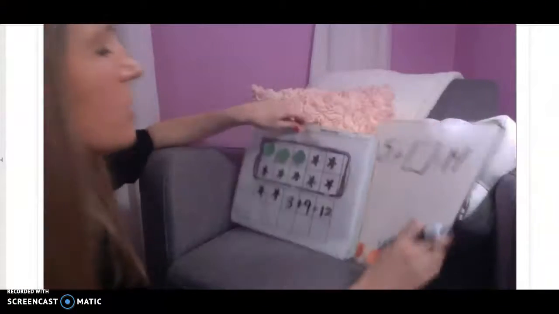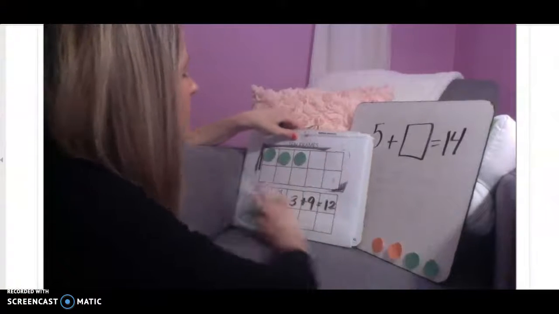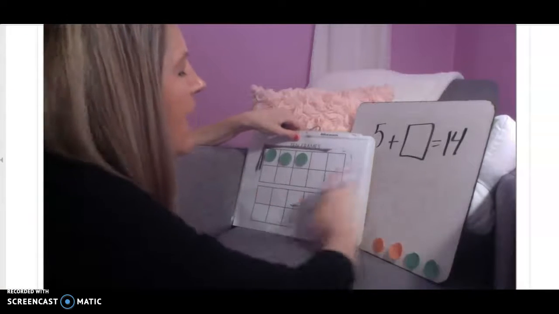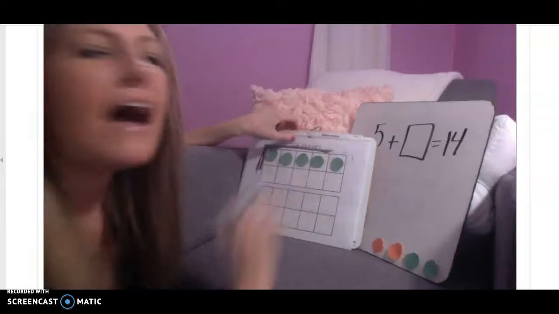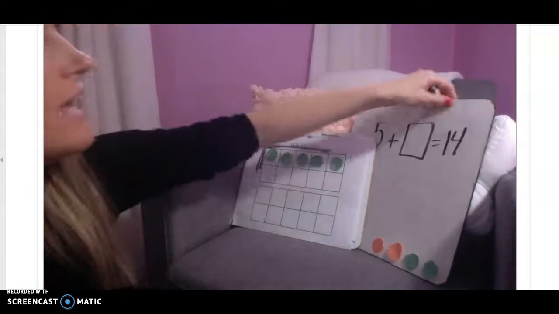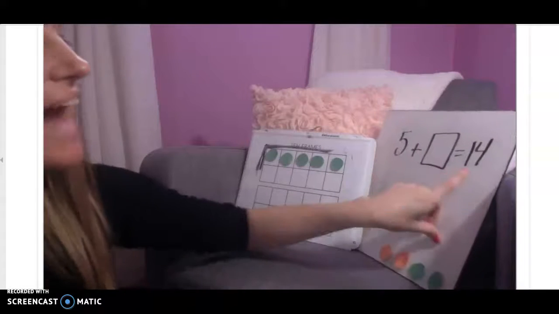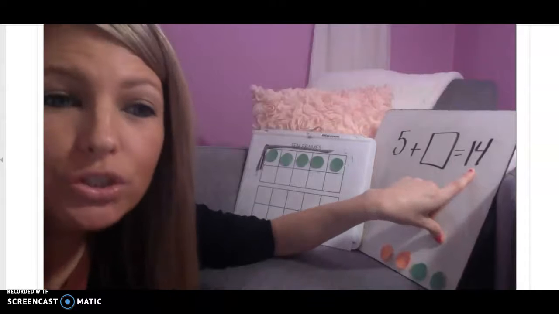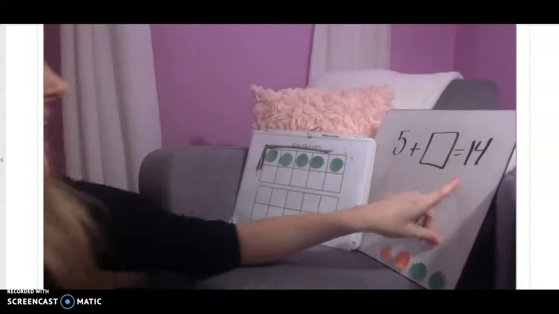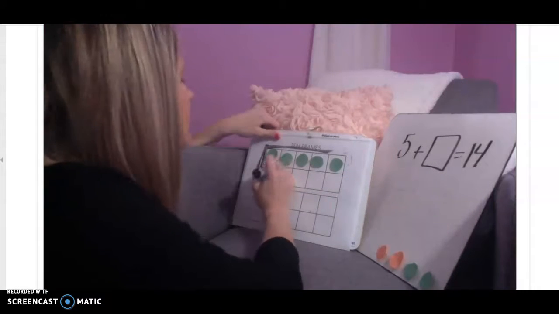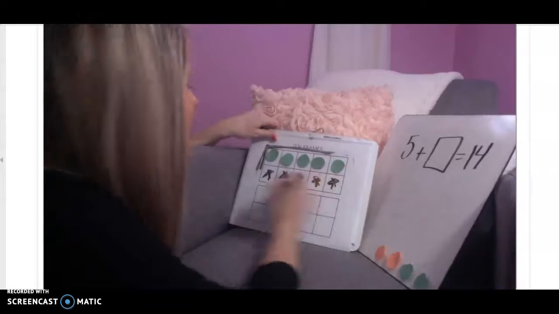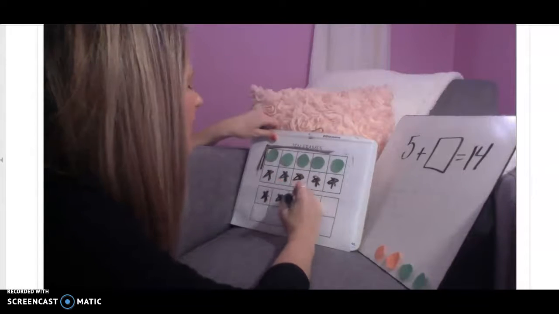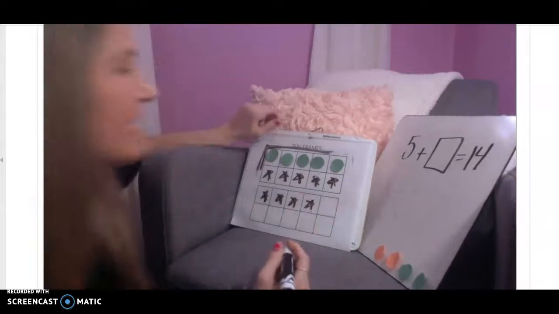I'm going to start this time with 5 dots. 1, 2, 3, 4, and 5. I've got my 5 dots. Now what I need to do is keep adding stars until I get to 14. All right, so we're at 5, 6, 7, 8, 9, 10, 11, 12, 13, 14.